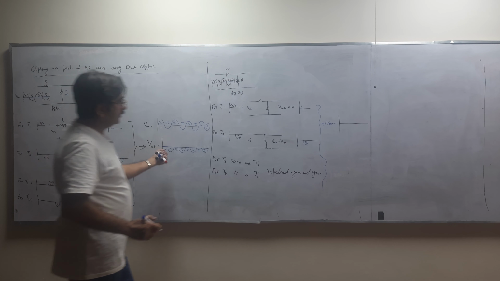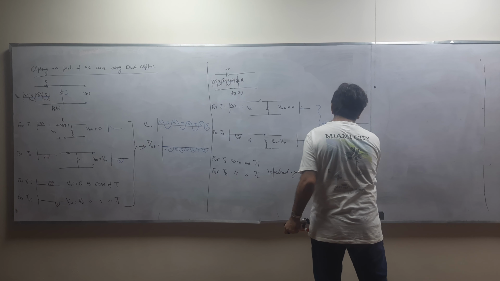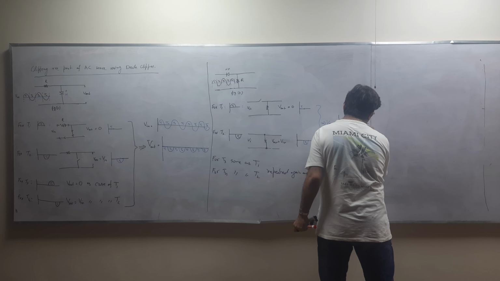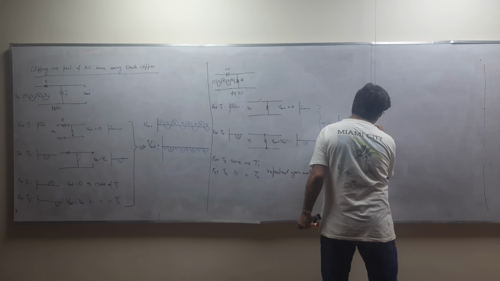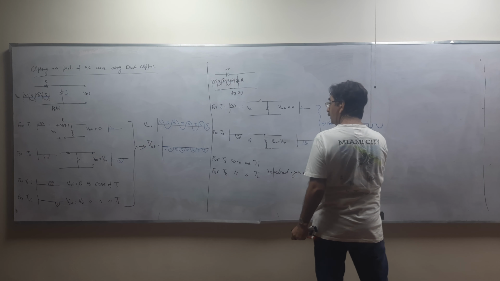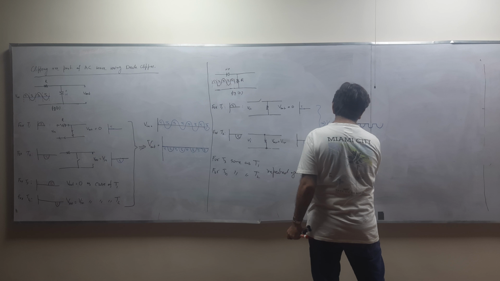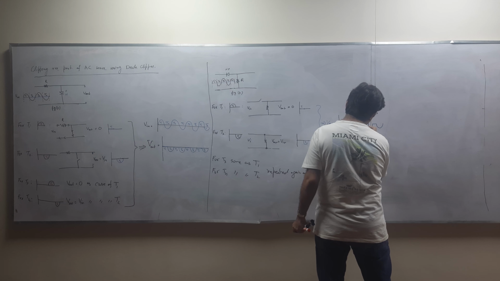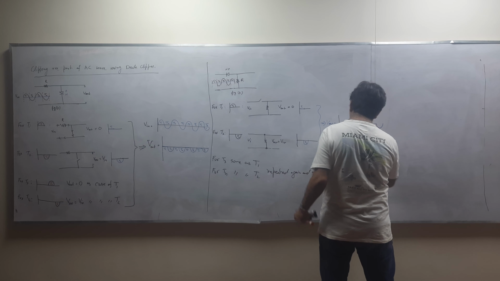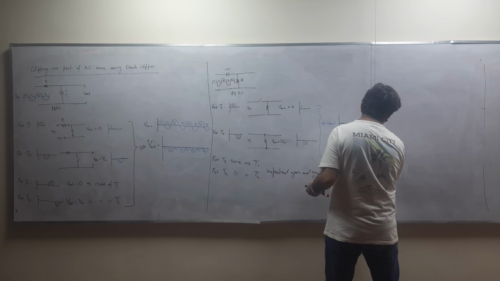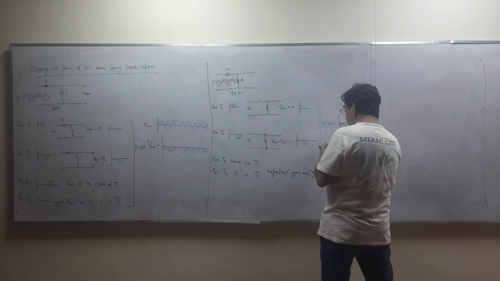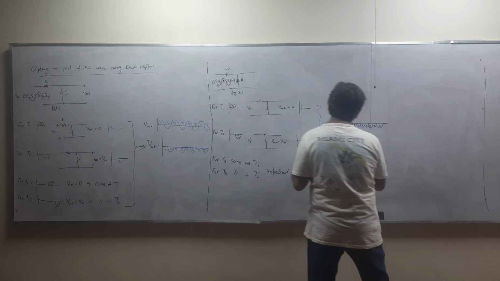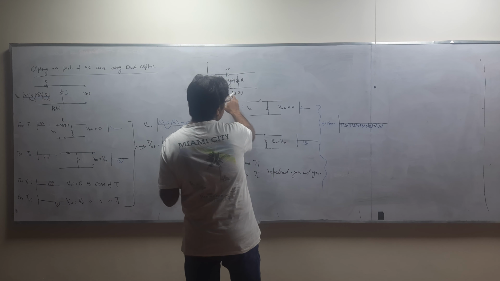That will be the same as before, so both circuits are equivalent. This is T1, T2, T3, T4, T5, T6, T7, T8, T9, and it will continuously behave like this.